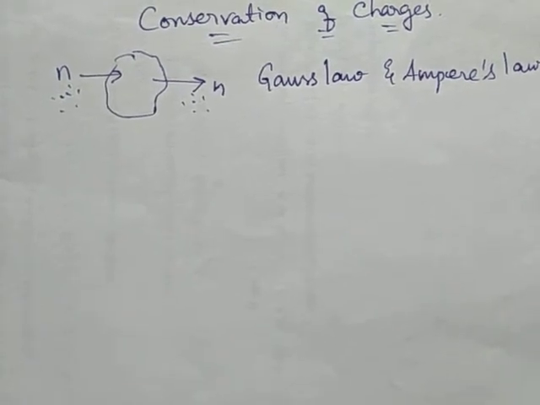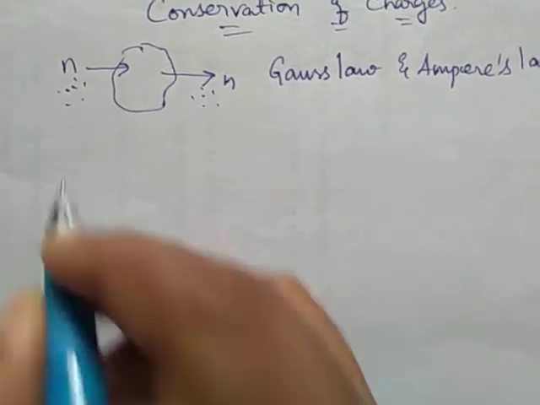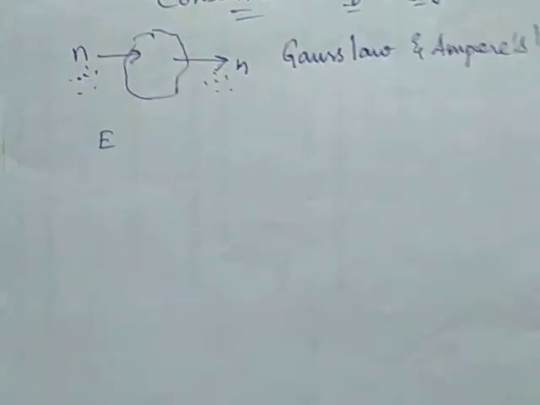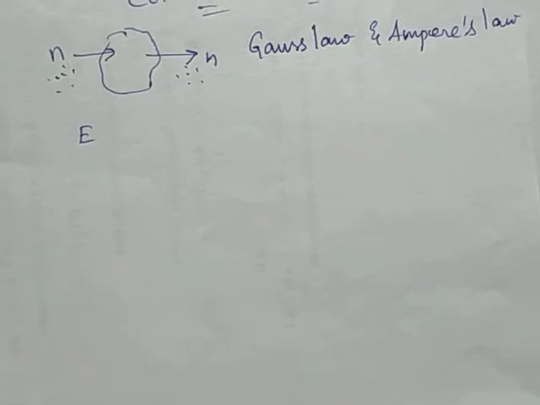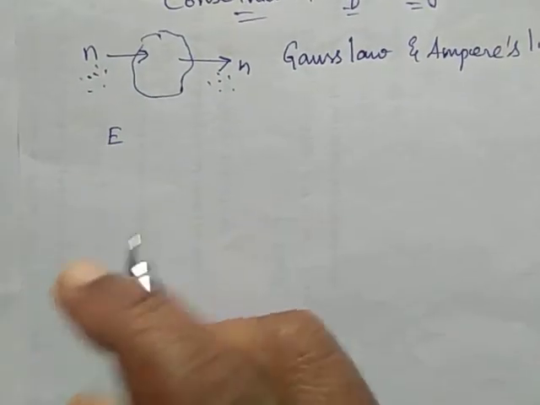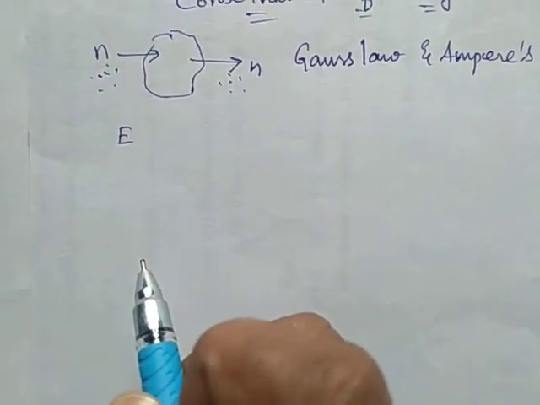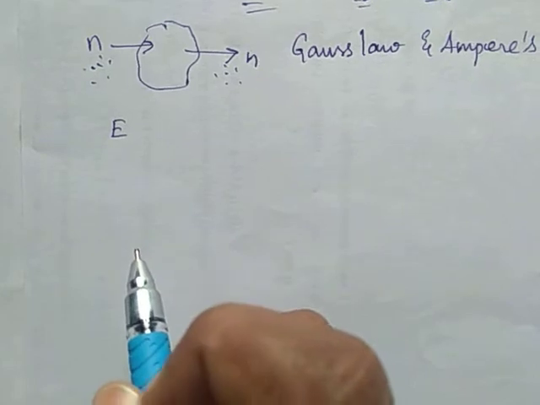So what is Gauss law? It states that the total electric flux, where electric field is denoted by E, through a closed surface is proportional to the net amount of charge enclosed within the surface.